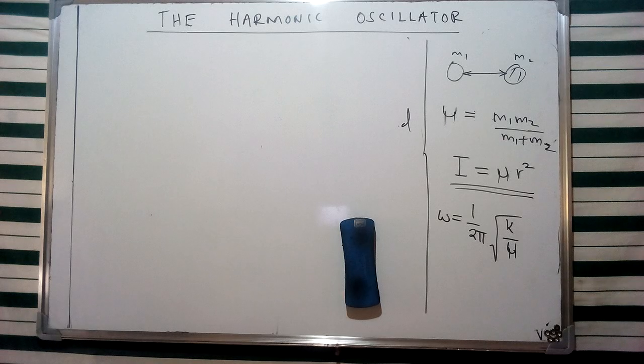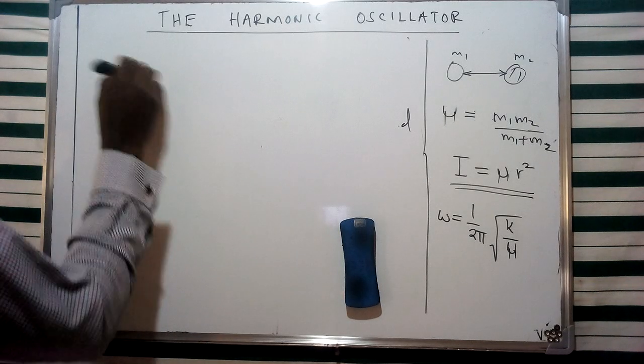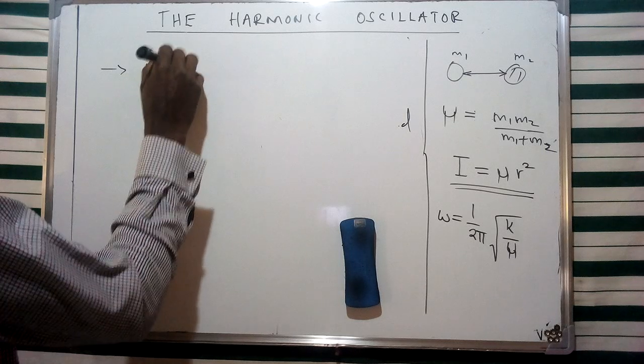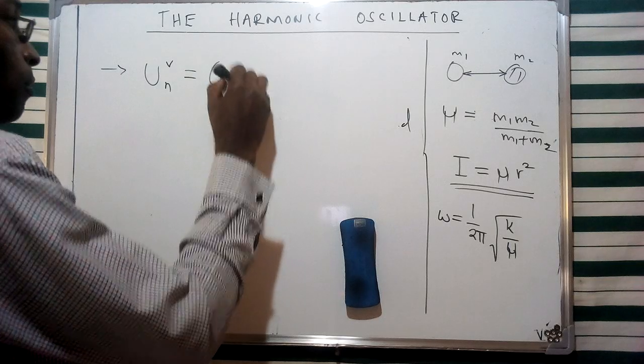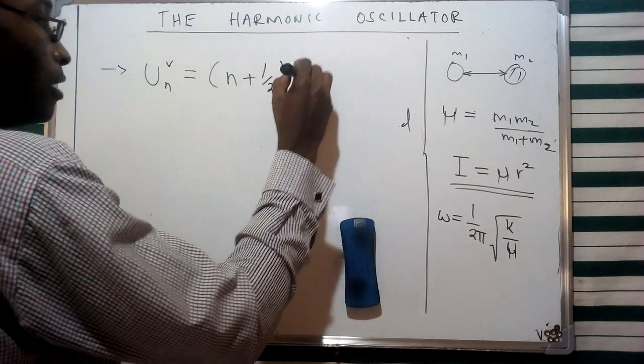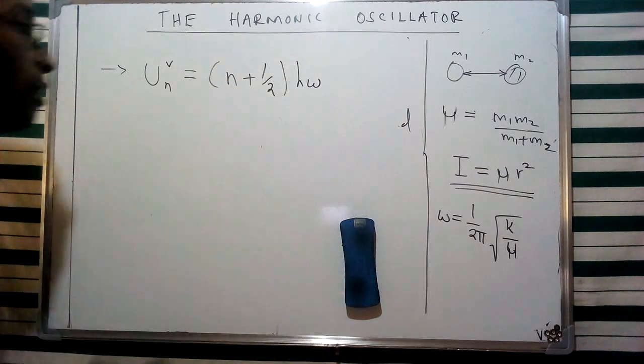From Schrodinger's equation, we have the allowed energies given as epsilon n v, which represents the vibrational energy of this harmonic oscillator, and this is n plus a half times h omega.